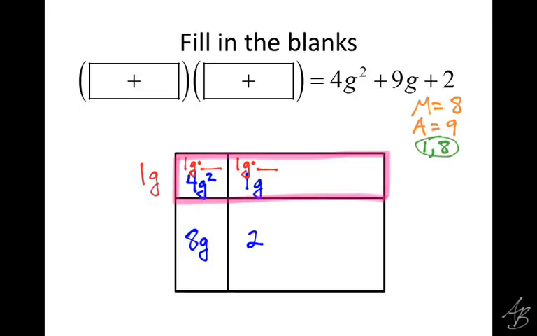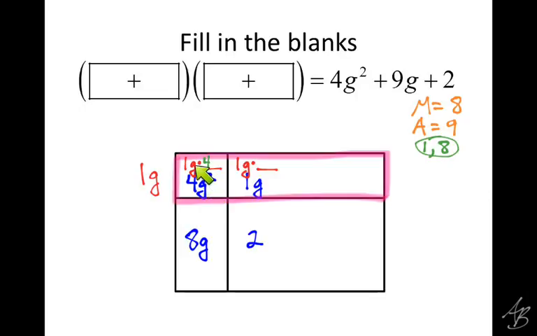Now that I know the heights of these rectangles, now I want to find the width. Okay, and the width is the number that I multiply by 1g to get 4g squared. What's that going to be? So we're going to multiply by 4, and then we have a g here, but we want to multiply by something to give us a g squared, so what else do I need?